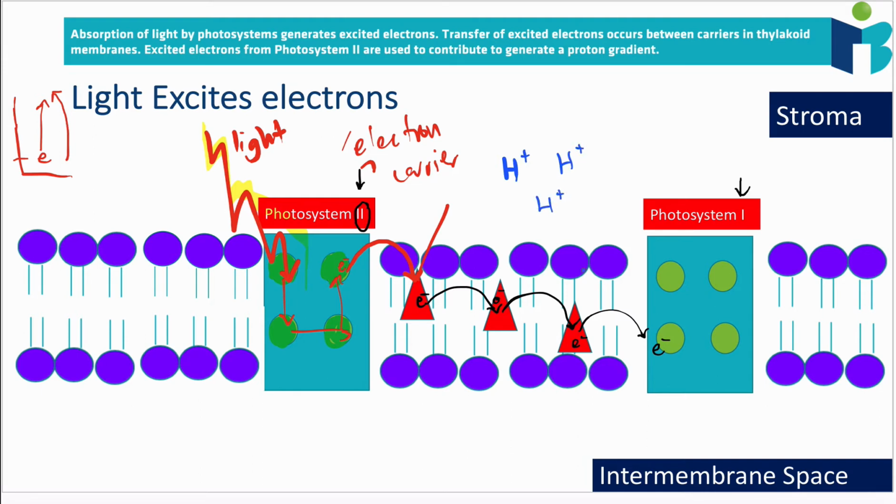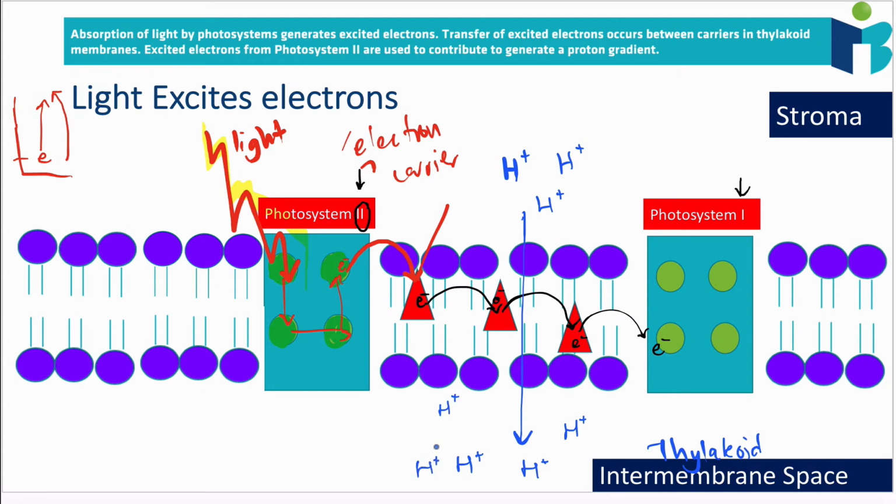To pump these in the mitochondria, it happened into the intermembrane space, and in chloroplast, it's also going to happen into the thylakoid space, the intermembrane space, also known as the thylakoid space. Okay. Now this is important because you're generating a high concentration of H+, okay? And that will be important later on, okay?